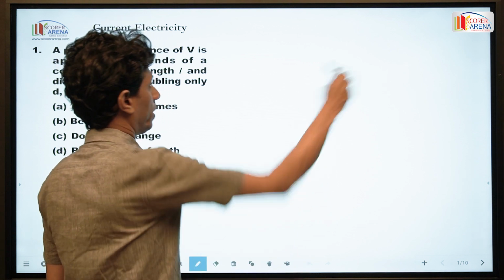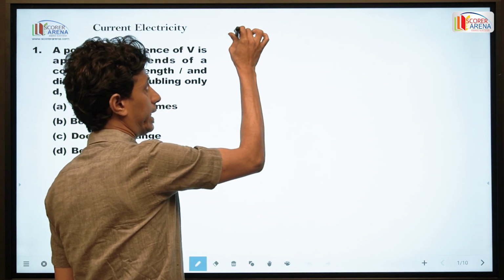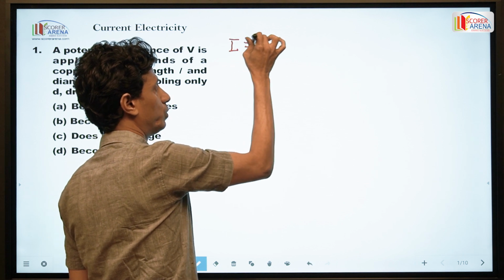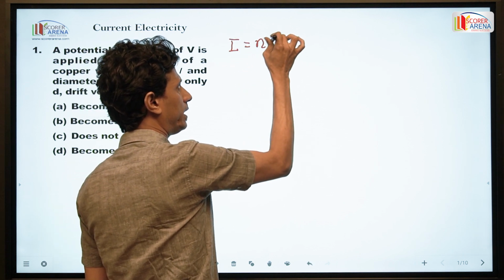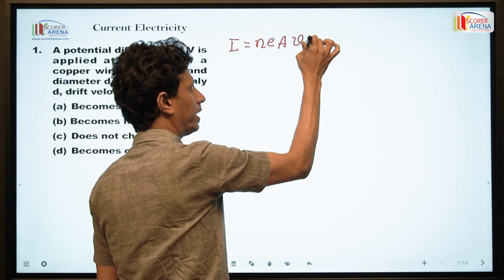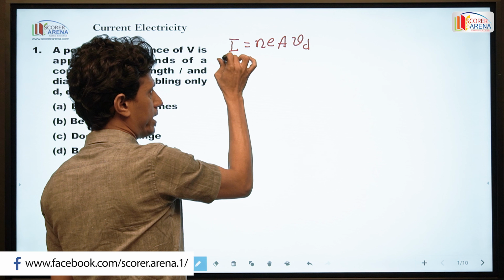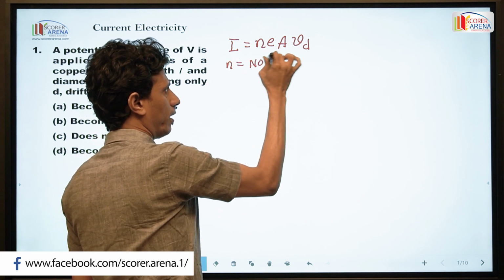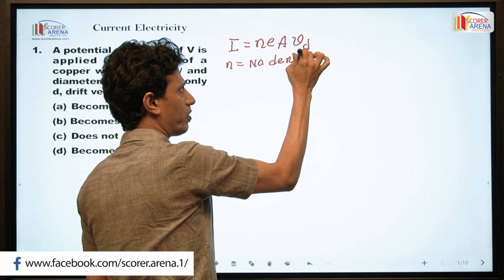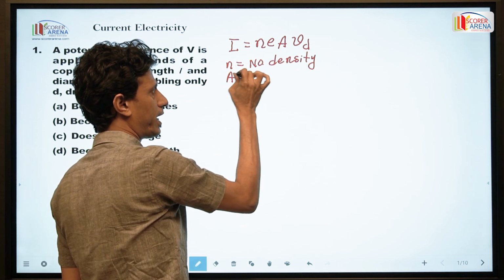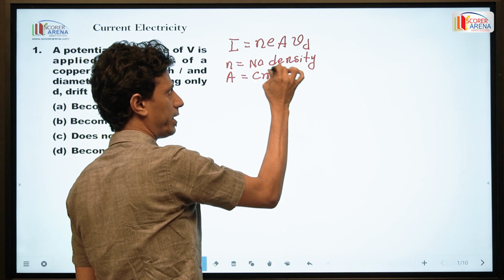Here we know the electric current through any circuit, I is equal to n e A vd. Here n is the number density of electrons, e is the electronic charge, and A is the cross sectional area.